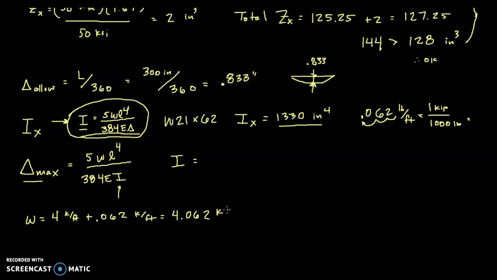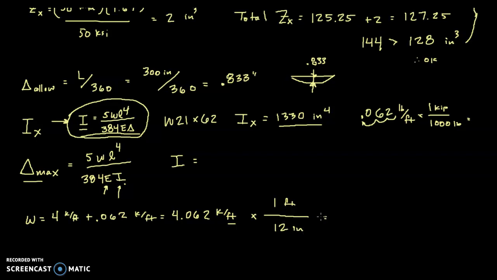So my total W is 4.062 kips per foot. But if I look in this equation, I've got E. The units for E are going to be in KSI. I've got I. That's going to be inches to the fourth. So it makes sense to go ahead and convert these linear units to inches. So if I multiply my 4.062 kips per foot, for every 1 foot, there are 12 inches.